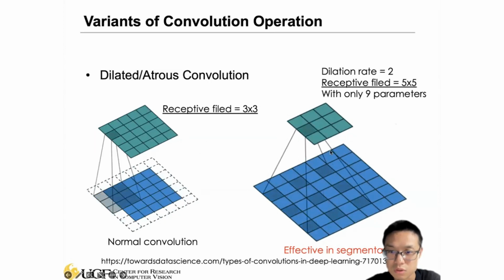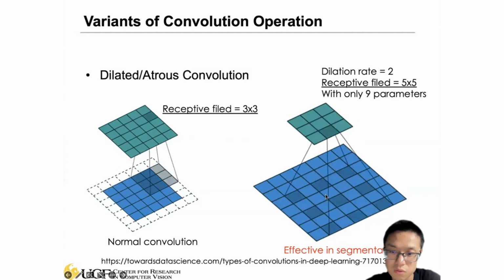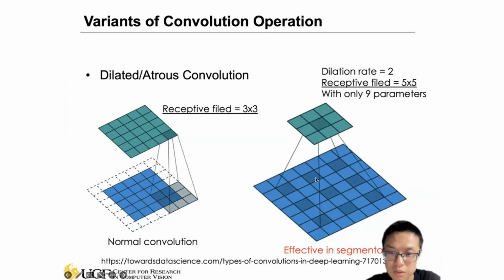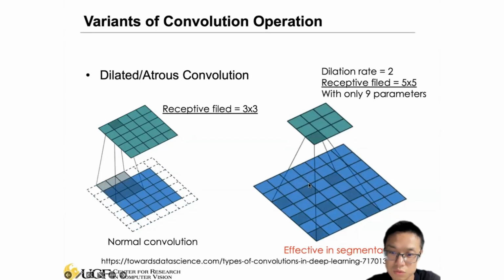For the dilated convolution, you can see that you still have 9 parameters. These are the darker blue squares, 9 values in this filter.